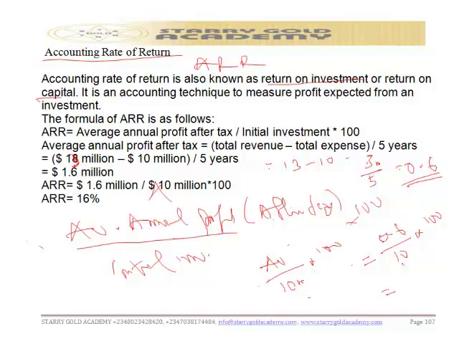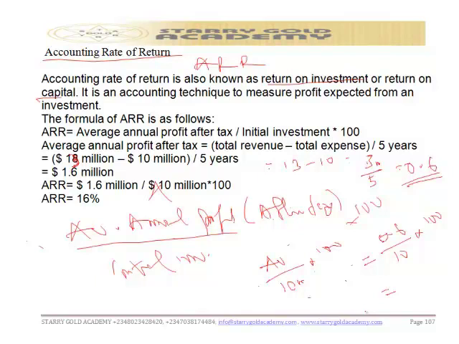That is 0.6 divided by 10, that's 0.06 times 100.